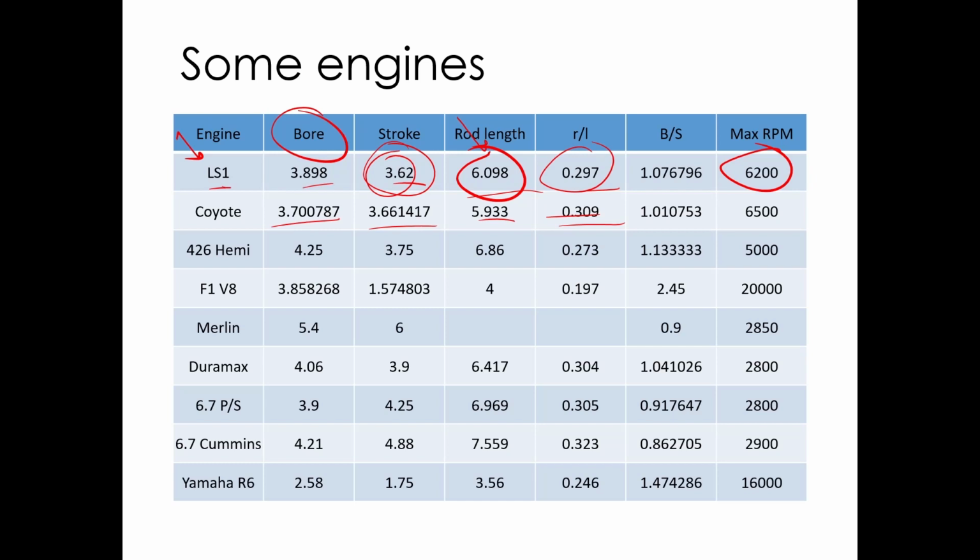The Coyote, it's funny in that this is regarded as an engine that spins at higher RPM, and it does in general. And it's dual overhead cam versus an overhead valve in this, and that's usually known for spinning at higher RPM. But it's actually got a worse rod ratio. And why? So Ford kind of did something I would consider to be dumb a long time ago in the early 90s.